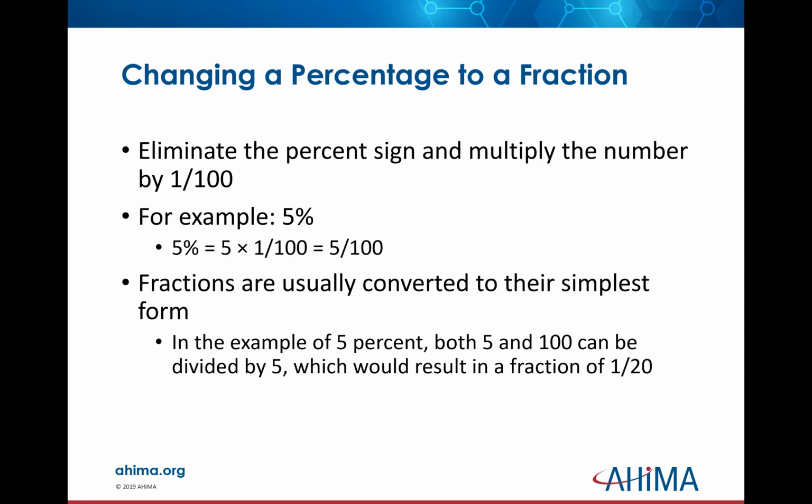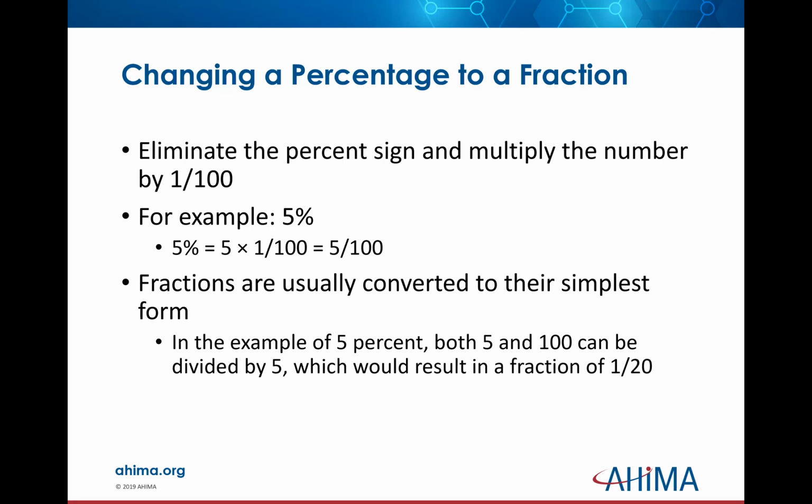Now, how do we go the other way? In other words, how do we change a percent into a fraction? Well, basically, we get rid of the percent sign and multiply it times 1/100th. So in other words, 5% is 5 as the numerator over 100ths.